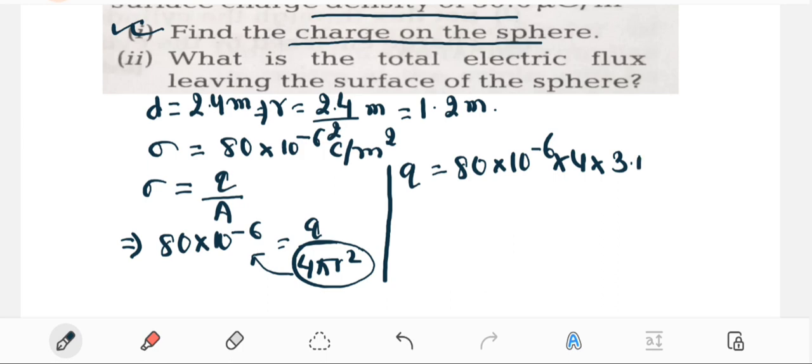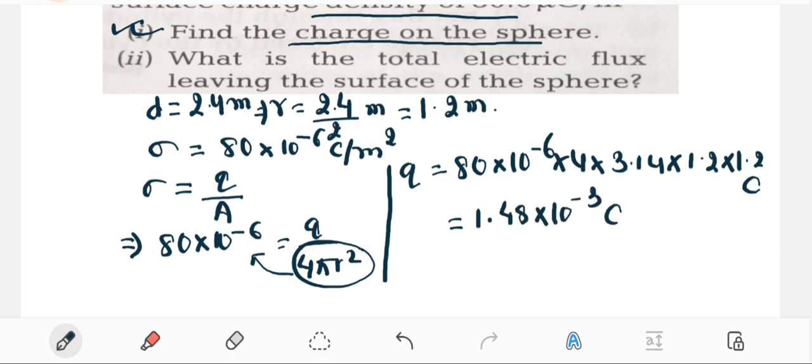The value of pi is 3.14, into r square. R square, that is 1.2 whole square, which we can write as 1.2 multiplied by 1.2 coulomb. So after calculation, we get it as 1.48 into 10 to the power minus 3 coulomb. So this is the first part of the question.